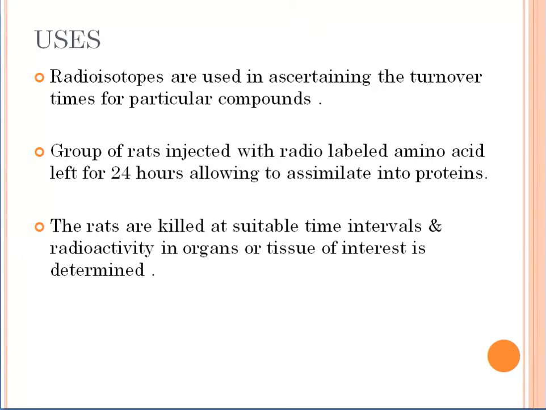A group of rats is injected with radio-labeled amino acids for 24 hours, allowing them to be assimilated into proteins. The rats are killed at suitable time intervals and radioactivity in organs or tissues of interest is determined.